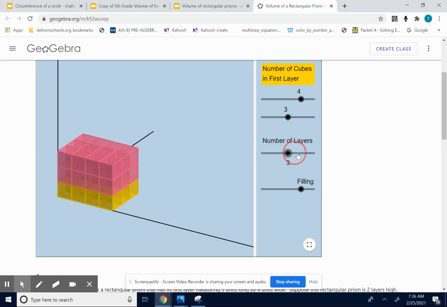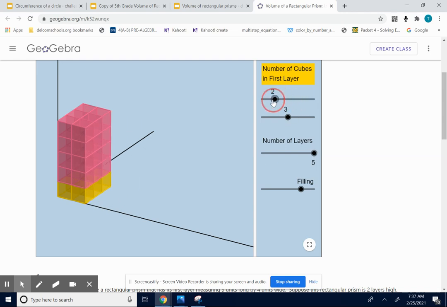Let's see, how far can we get up? Let's get to 5. That's going to give you the height. So in a rectangular prism, like a box, you're going to have a length, a width, which are the long side and the short side of the base, and a height. But what I wanted you to see as you play around with this is, let's say we have a length of 3 and a width of 2.